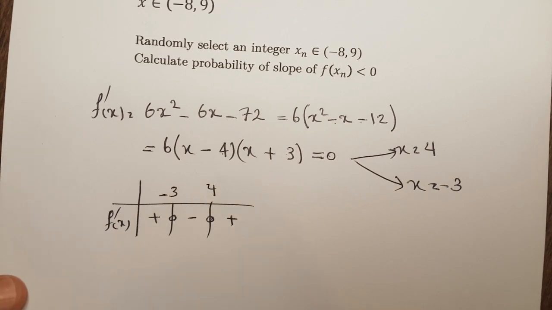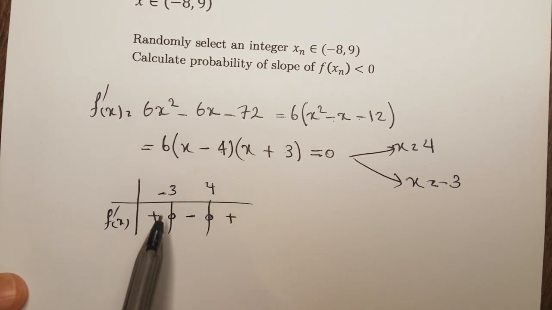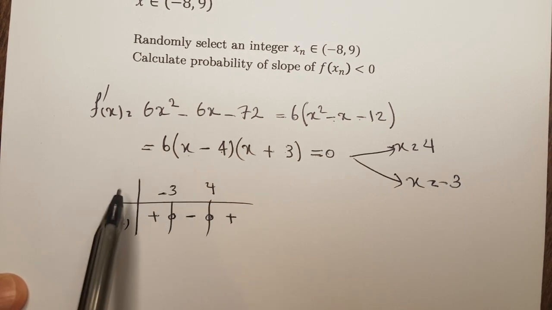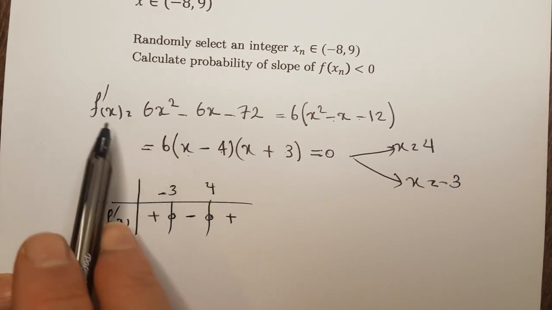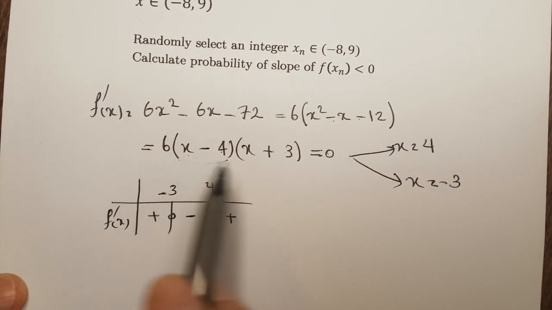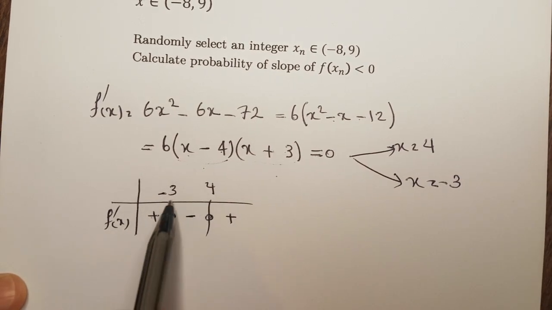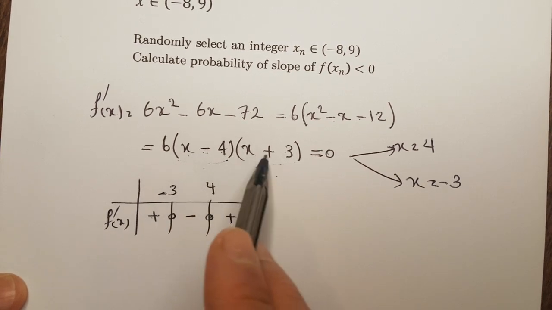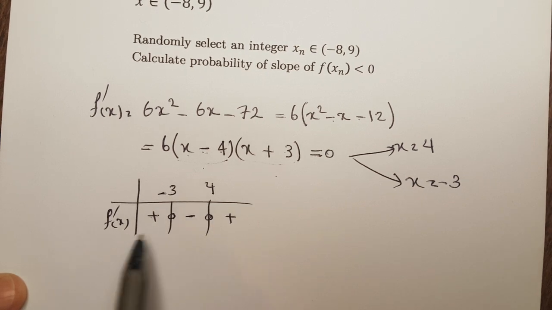But there is another way to see the sign of the function: you give a point below -3, for instance -4, to this equation, and see what the sign is. So if we give -4 to f prime of x, it's going to be -8 times -1, negative times negative will be positive. Between -3 and 4, for instance 0, it's going to be -4 times +3, which is -12, a negative number.